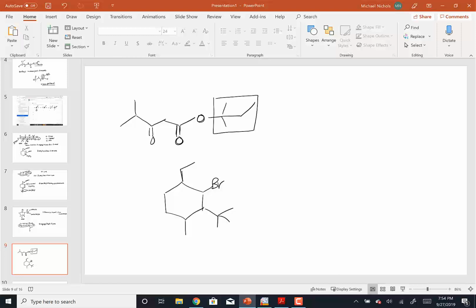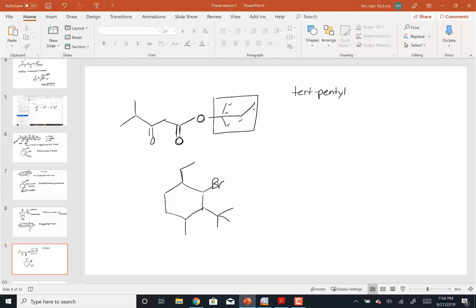Tertiary pentyl. So this is a tertiary pentyl. How do I know that? Because number one, I've learned or memorized my list of alkyl groups. But if you're stuck, 1, 2, 3, 4, 5 carbons makes it pentyl.